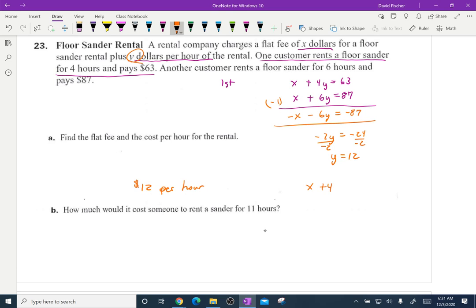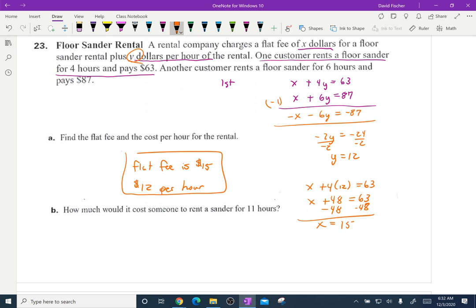X plus 4 times 12 equals 63. 12 times 4 is 48. I got x equals 63 take away 48, which is 15. So the flat fee is $15. They pay that as a one-time fee, and $12 per hour to rent it.